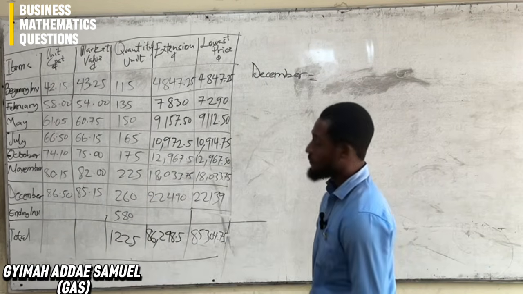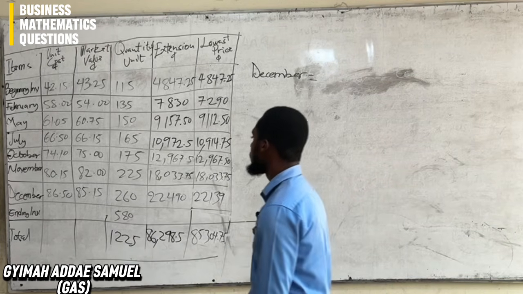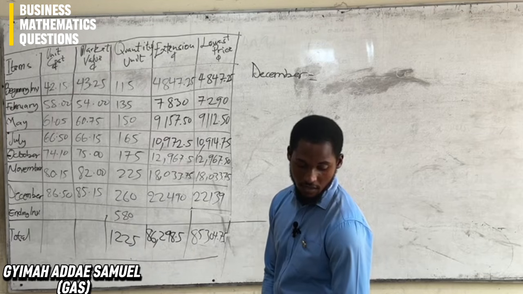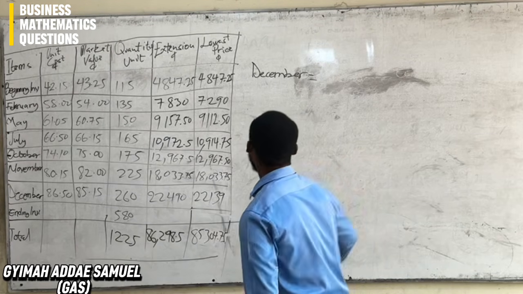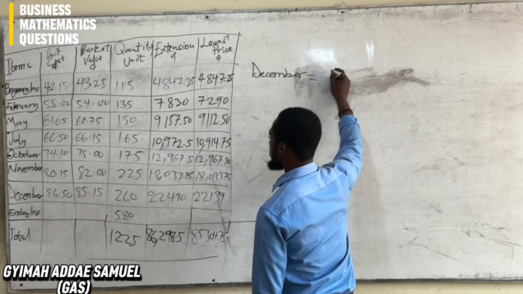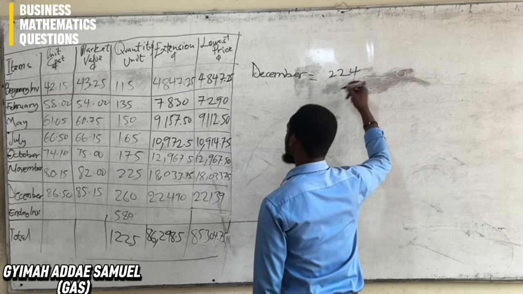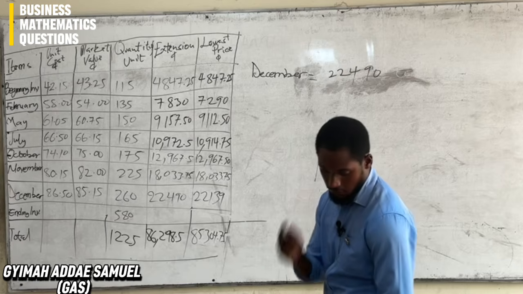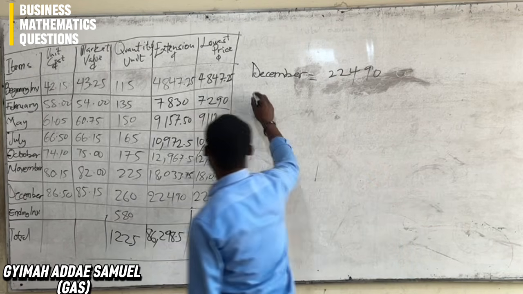You have to multiply your quantity unit by your unit cost, and as we have done that here already, with December you are getting 22,590. So you have to find your remainder.